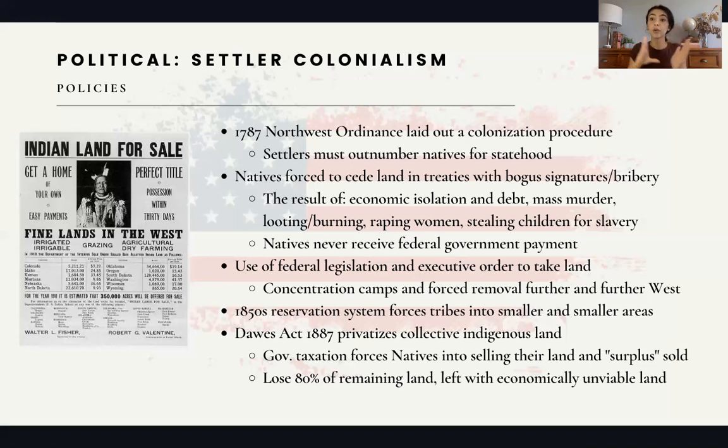But there's this whole area of land in the center where Native Americans are still living. And as US citizens start going to California, in the gold rush especially, they're having this problem where the Native Americans are in the way. So they force Native Americans into the reservation system, into smaller and smaller areas, kind of cordoning them off from the rest of white America.